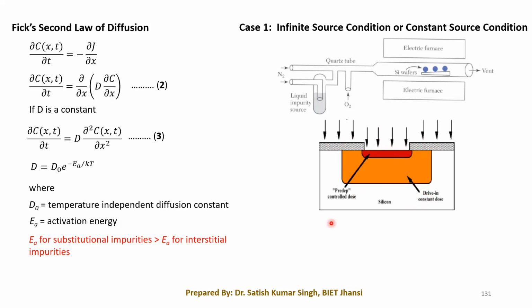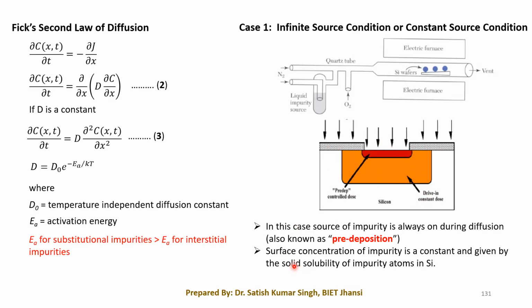Fine. So in the first case, the infinite source condition, the source of impurity is always on during the diffusion, and this particular process is called pre-deposition. The second thing we have said is that the surface concentration of the impurity is a constant.